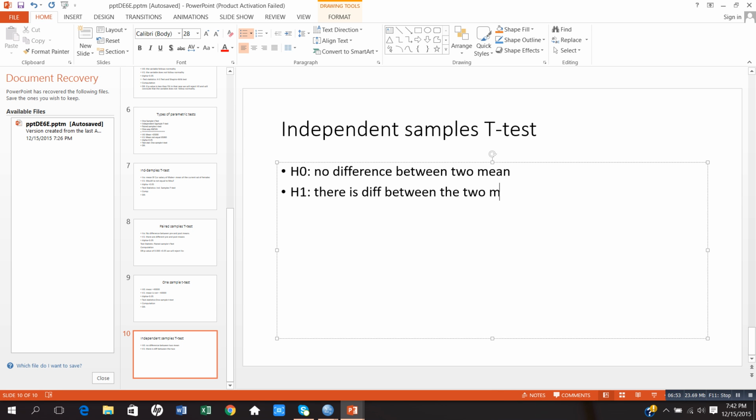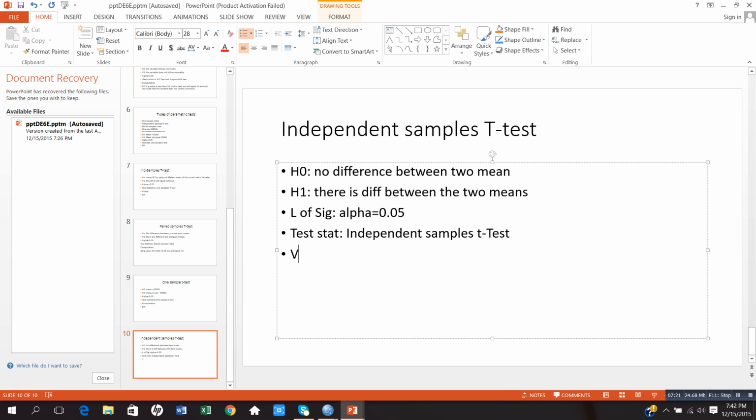Level of significance alpha equals 0.05. Test statistic this time is independent samples t-test.